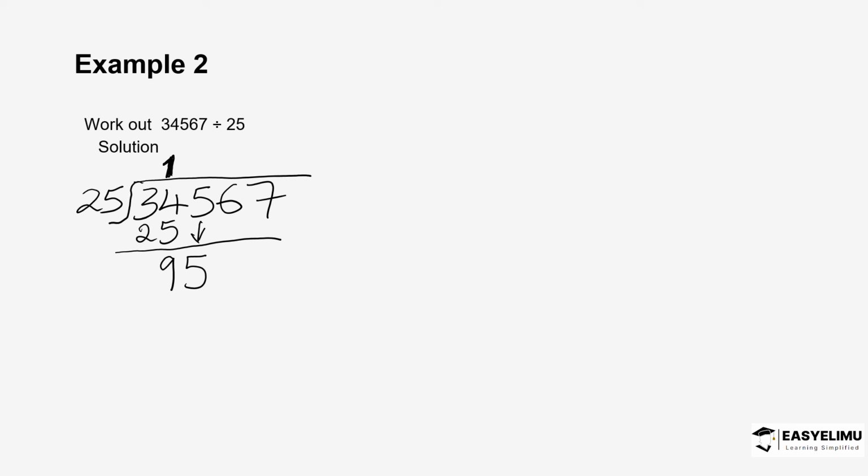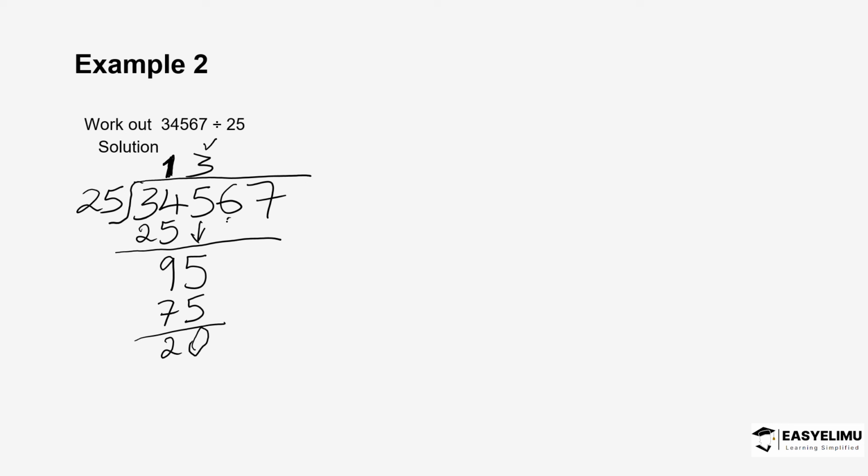So 25 goes into 95 3 times, and 3 by 25. Remember, after you've gotten the result, you multiply. So 3 by 25 is 75. And if you subtract, that is 0. And then this is going to be 2. So we have 20 here.